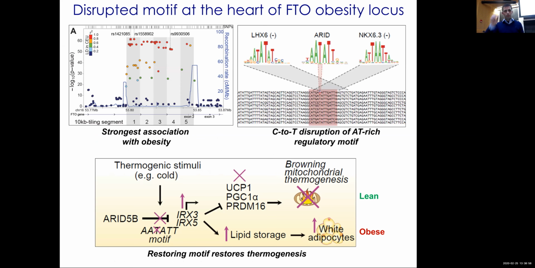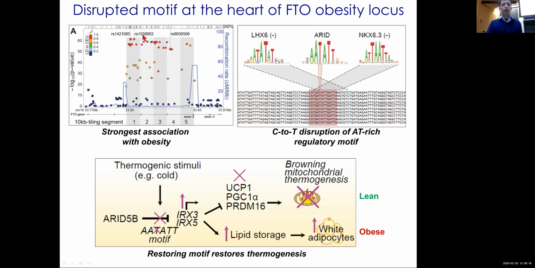And as I mentioned, these motifs can be at the core of disease. In this particular case, in work that we did in my lab in collaboration with many other groups, we looked at this FTO locus, which is the strongest genetic association with obesity.